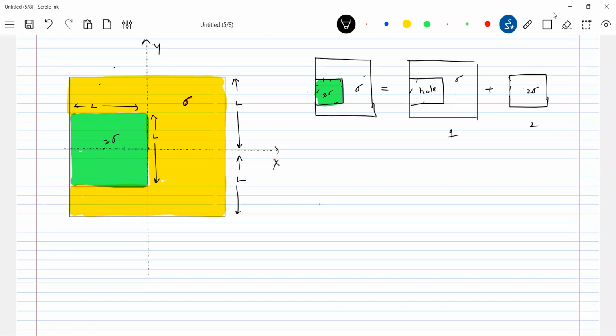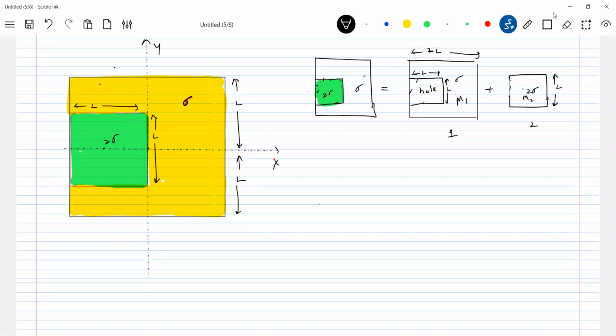Second diagram, look at the center of mass of the system. Then use the formula xcm equals m1x1 plus m2x2 by m1 plus m2. And what is the mass of this? We don't know. The mass of this you have to calculate. What is the length? L. This is 2L.